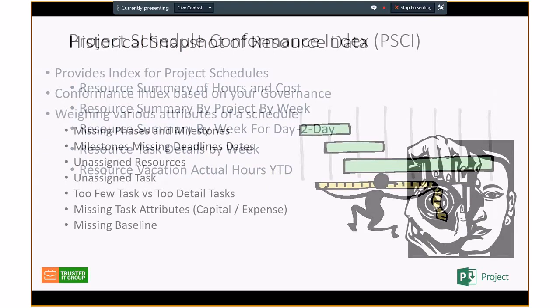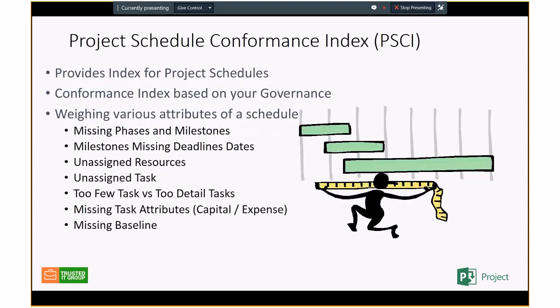And then finally, I've talked a lot about the project conformance index. And so this is project schedules. They vary so much between every PMO and every project manager. And so what you want to do with a project schedule conformance index is come up with some very basic things that you would like all the project managers to follow. Some examples of that is, maybe you've got phases or gates in your project schedule.